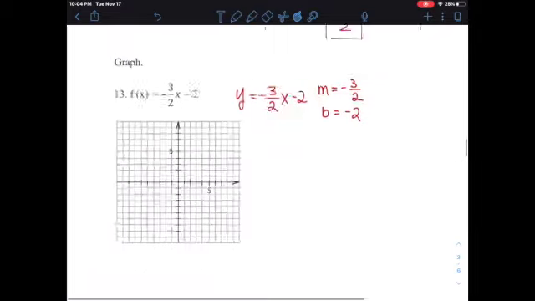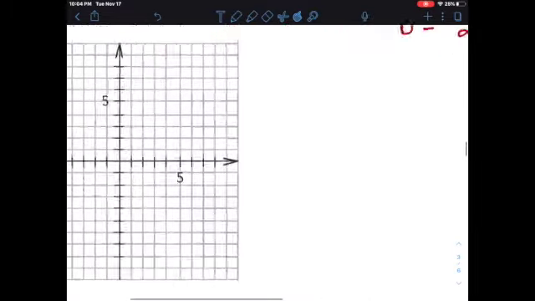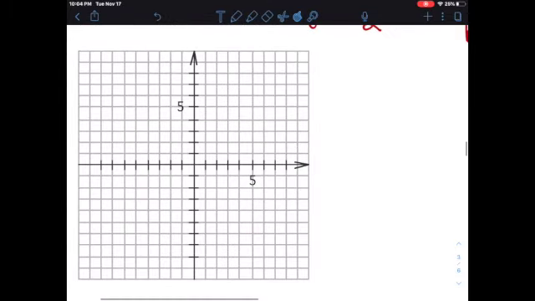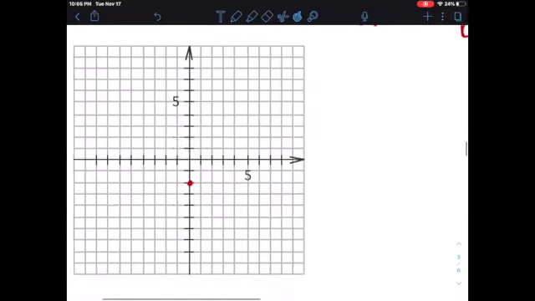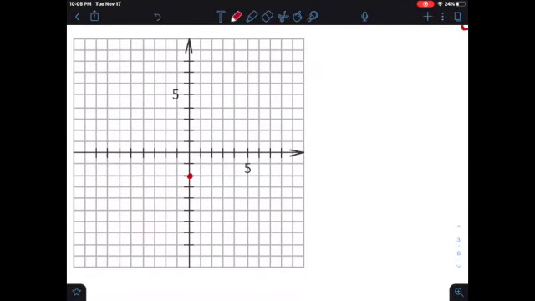So we should be able to plot the line, b at -2 right here. And the slope is -3 over 2. So down 3, 1, 2, 3, over to the right 2, down 3 over right 2. And go the other way, you should be able to get up 3 over to the left 2, up 3 over to the left 2. And the same thing. And then you draw the line.